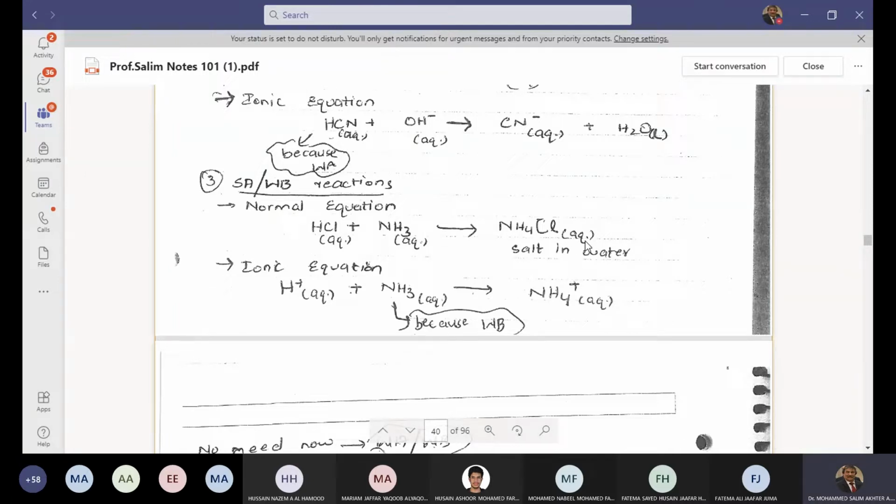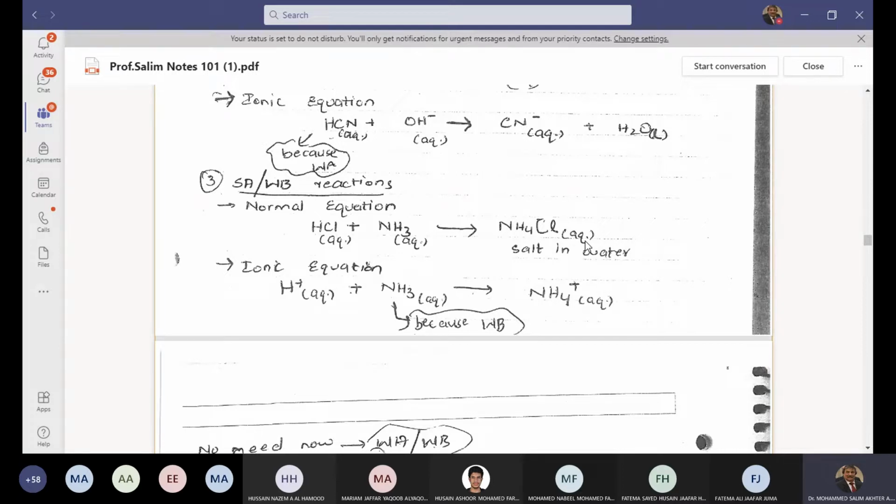The meaning is that NH4Cl is in water. Now, the most important thing, my beautiful students: you have to write down the net ionic equation.